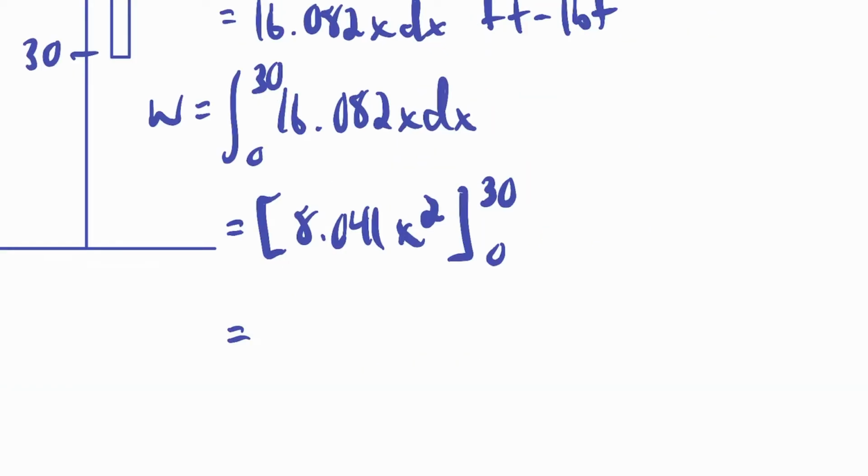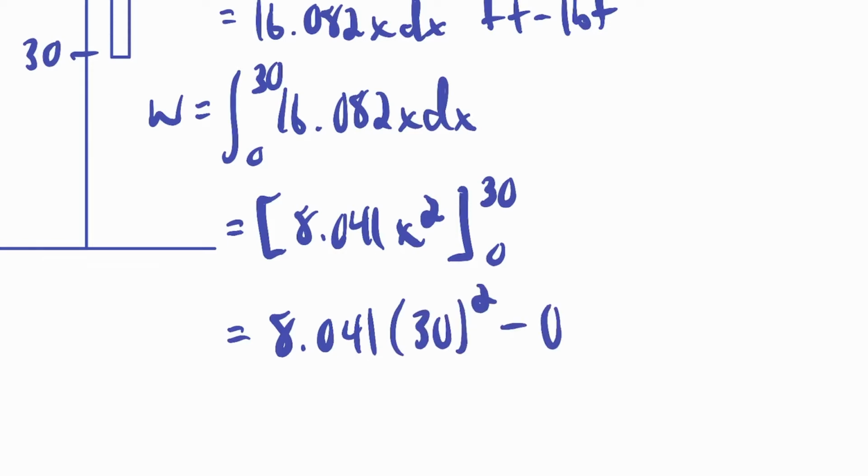So this will be 8.041 times 30 squared minus 0, and we get that this is 7236.9 foot-pounds force.